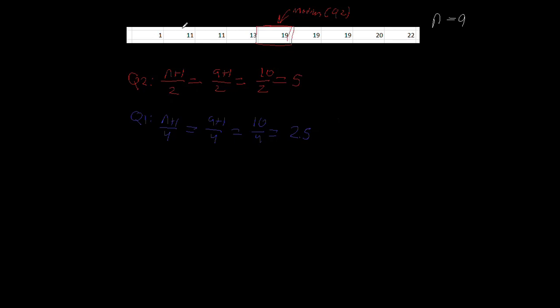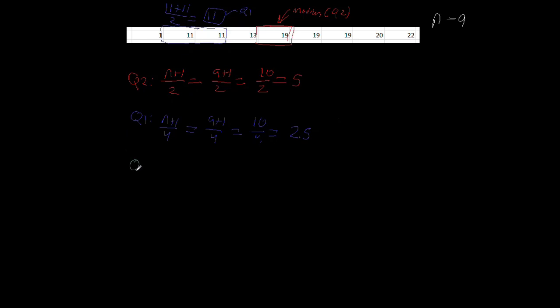So you would go 1, 2, 2.5. Well, we don't have 2.5, so we would look at both of these numbers, and they're both 11. So our first quartile would be (11+11)/2, which is equal to 11. So 11 is going to be our Q1.